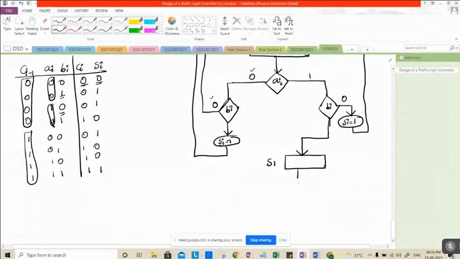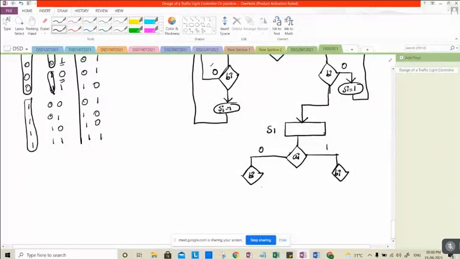Now again the values of AI and BI, where A is equal to 0 or 1, and the values of B. Tell me, if 0 and 0, what will be the next state and the output here?